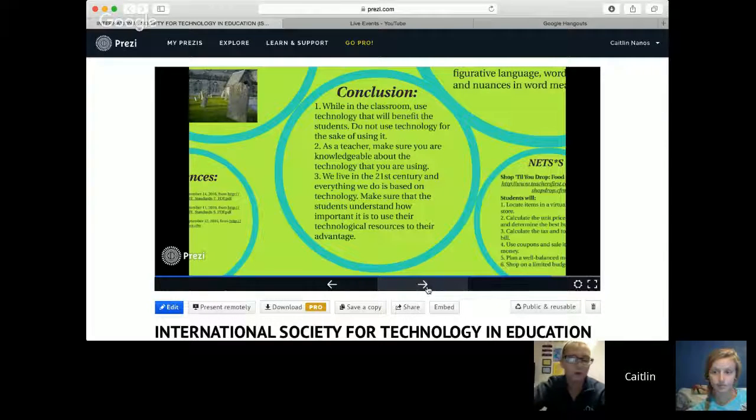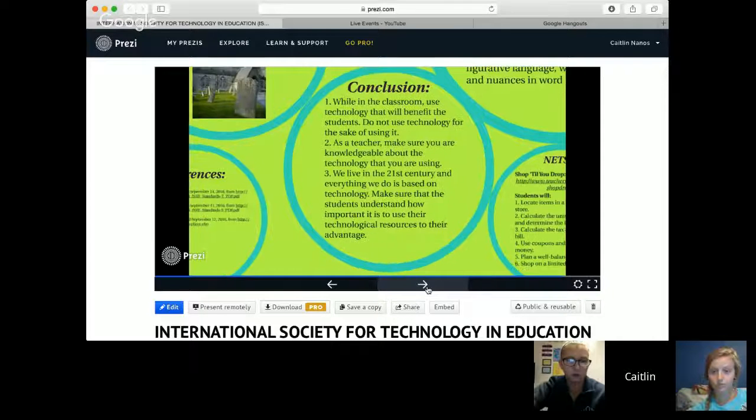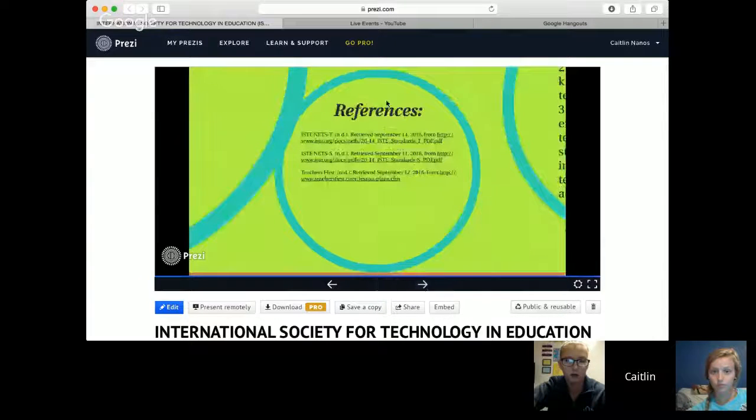And lastly, we live in the 21st century, and almost everything we do is either based on technology or incorporates some sort of technology. So you want to make sure that the students understand how important it is to use their different technological resources to their advantage. And then these are my references.